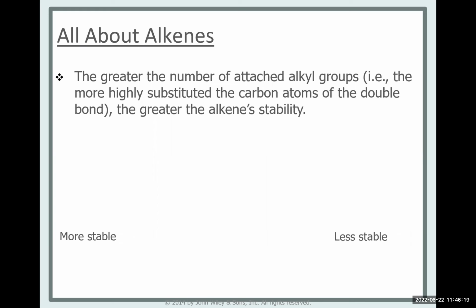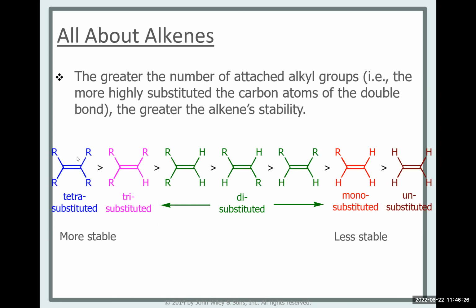I talked about that as you need a di-substituted alkene to be able to have cis and trans. So the more substituted something is, the more stable it is, because it's donating extra electron density and stabilizing the double bond. So unsubstituted is the least stable alkene. Tetrasubstituted would be the most stable alkene.